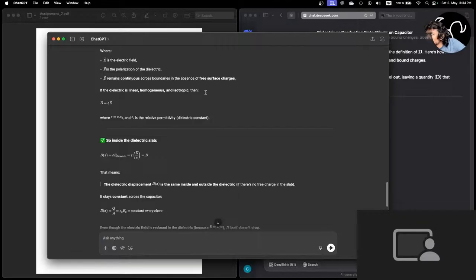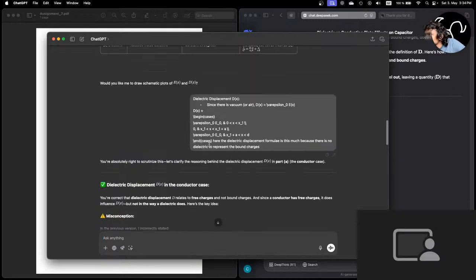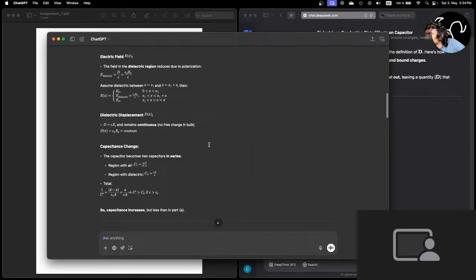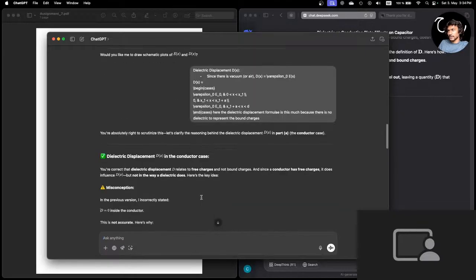So the E, the electric field inside the dielectric, is what? The electric field inside the dielectric is the dielectric displacement by epsilon zero. The dielectric displacement remains constant. So what affects the dielectric? I don't get it.